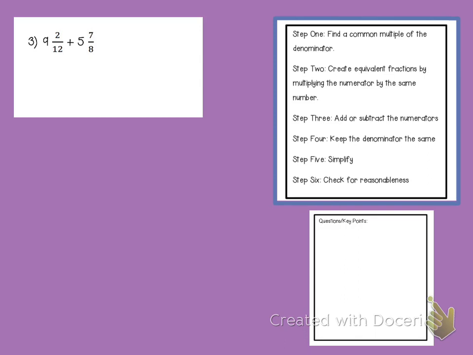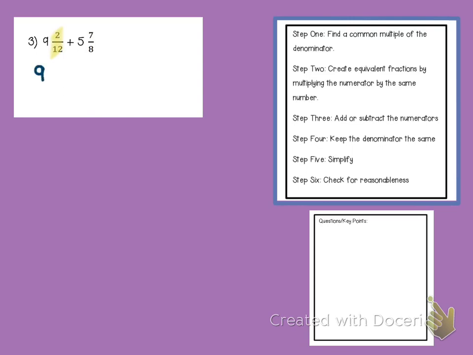Now we have 9 and 2 over 12 plus 5 and 7 over 8. So I like this problem because we can do two different things. We can look at 12 and 8 and find a common multiple. Or we can notice that 2 over 12, they're both even numbers. And remember earlier we said if they're even numbers, we can simplify those.